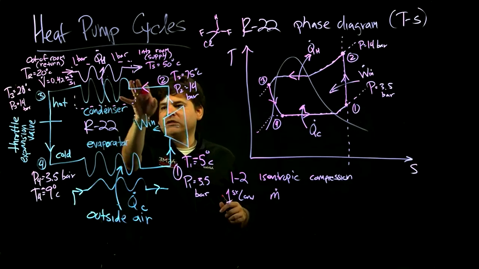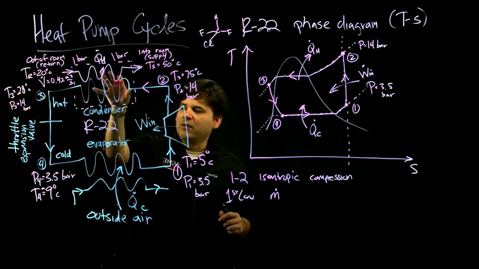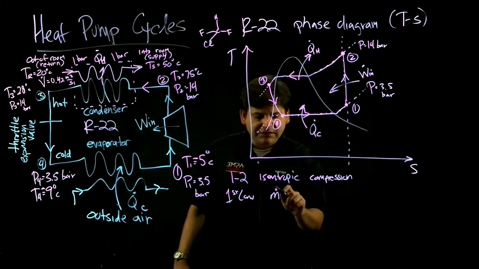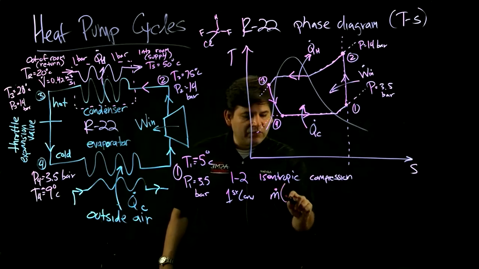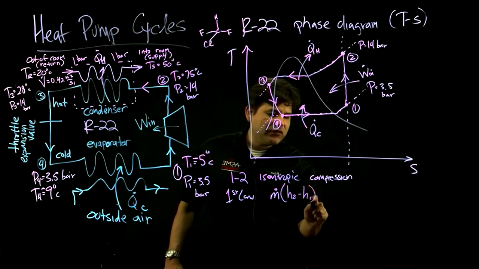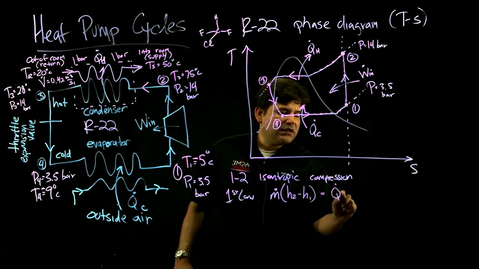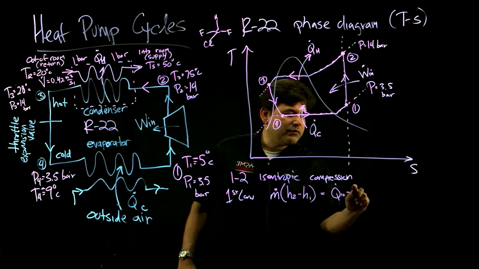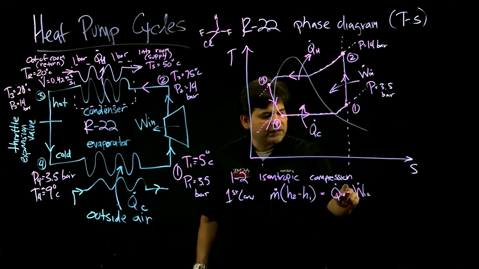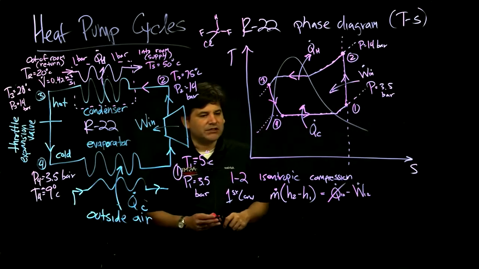We're also going to use that for the condenser stage, but the goal is to transfer heat from the working fluid to the room. But first, let's start at the compression stage. That will be the mass flow rate of the refrigerant times the difference in enthalpies of the refrigerant at the inlet and outlet. That has to balance the heat transfer from 1 to 2 minus the work transfer from 1 to 2. And next, let's simplify it by neglecting any heat loss at this compression stage.